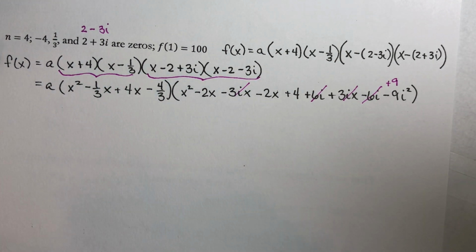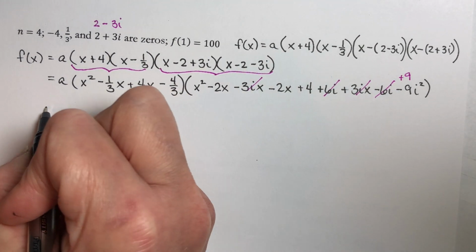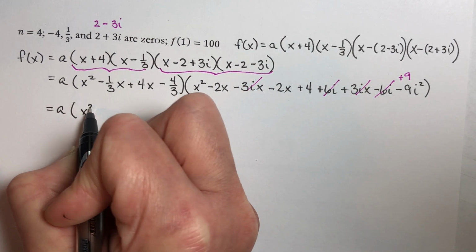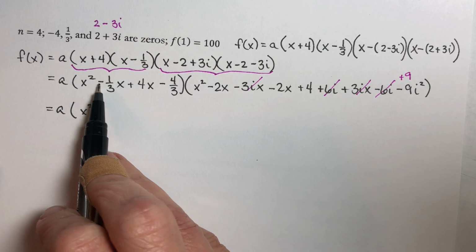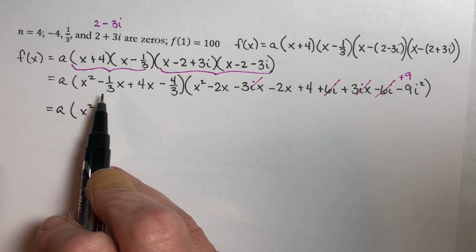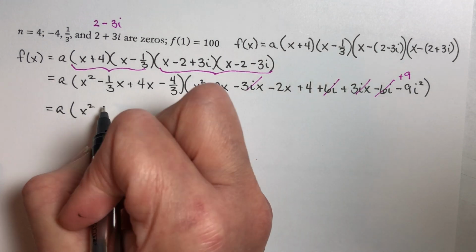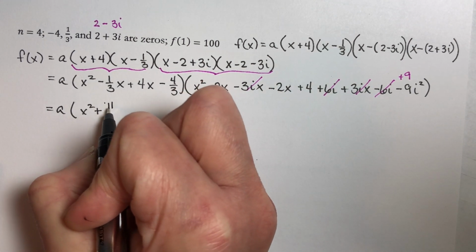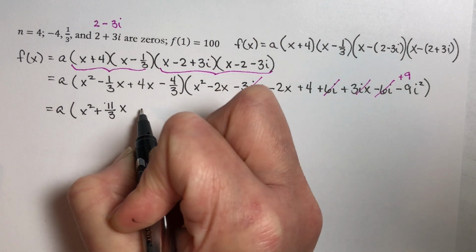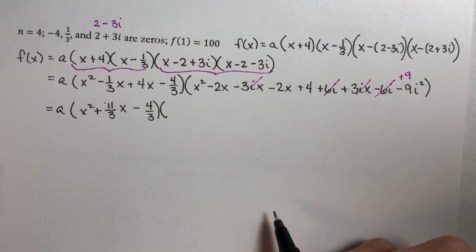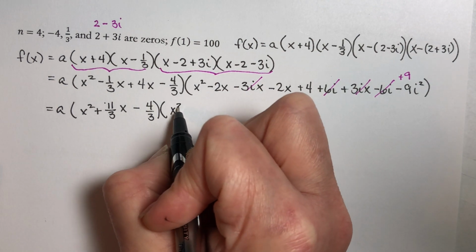Okay, so let's simplify, combine some like terms here. I have a times x squared, and then if I do -1/3 plus 4, if I get a common denominator and combine like terms, I get 11/3 x minus 4/3 times x squared.